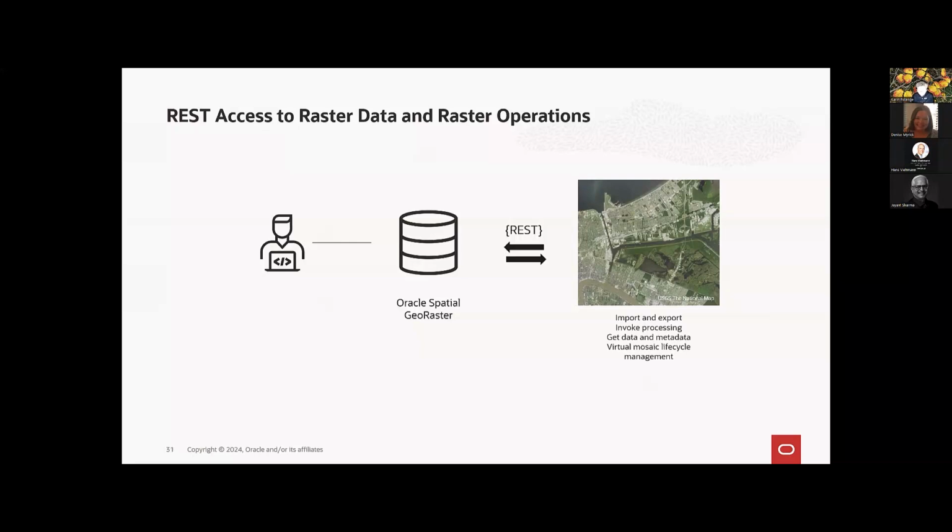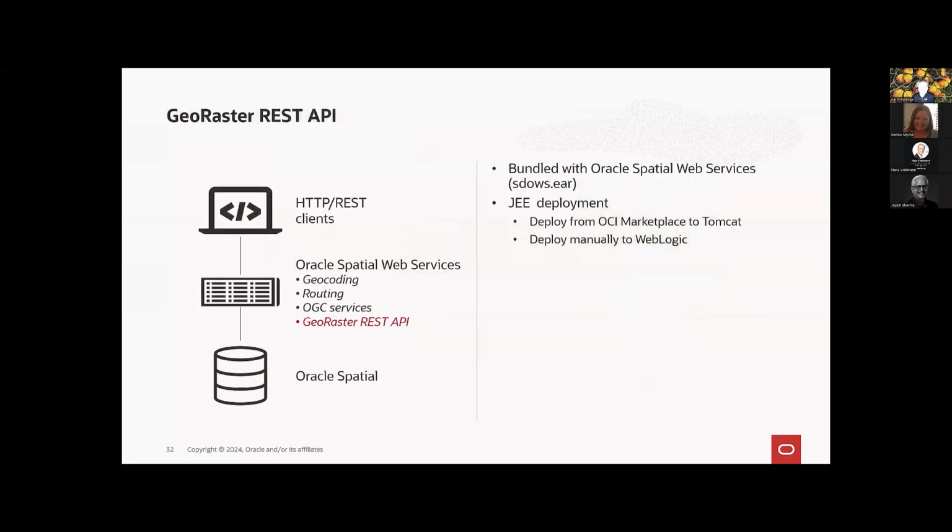Okay, so this is the starting point. And from an architectural point of view, we have the Oracle database underneath with the raster data. We have a piece of software deployed in the middle tier, which is called Oracle Spatial Web Services. You can either download it or it's part of the database distribution we have when downloading the Oracle database.